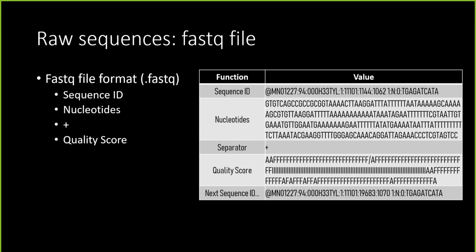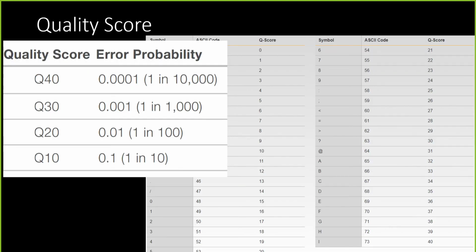All right, so we know that there are quality scores. They're different letters, essentially ASCII characters. What do those quality scores mean? Quality scores are binned into four different groups. A quality score of 10 means that the error probability is about 1 in 10. Going up from there in orders of magnitude, now it's 1 in 100, 1 in 1,000 for 30, and 1 in 10,000 for 40.